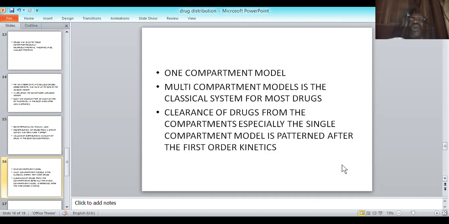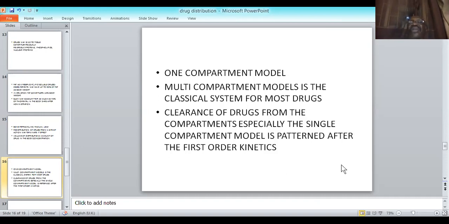Let's talk a bit more about the first order kinetics, zero order kinetics. Most drugs are metabolized by the first order kinetics. However, a few drugs like aspirin are metabolized by the second order kinetics. What do we mean? We are talking about the kind of reaction.